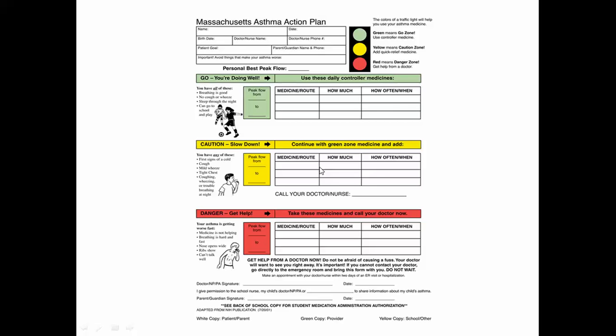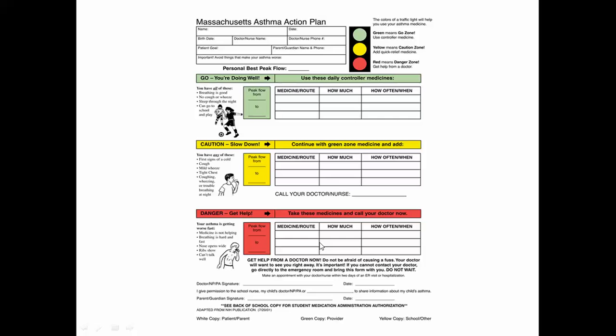In the yellow zone, they are 50 to 79% of their personal best value, and their asthma is not well controlled. They're in acute exacerbation, and they should call their practitioner if they don't improve or if they stay in the yellow zone, because you want to get back up to the green zone.